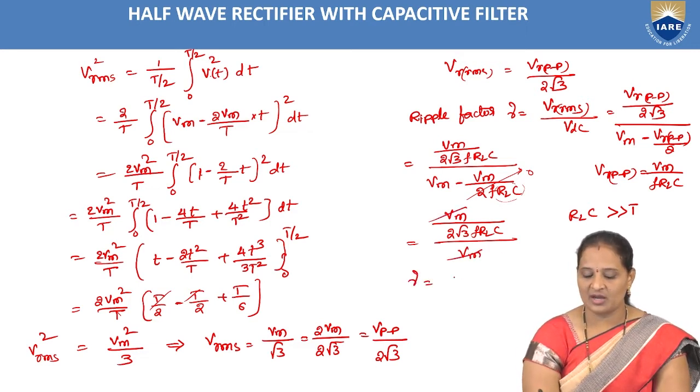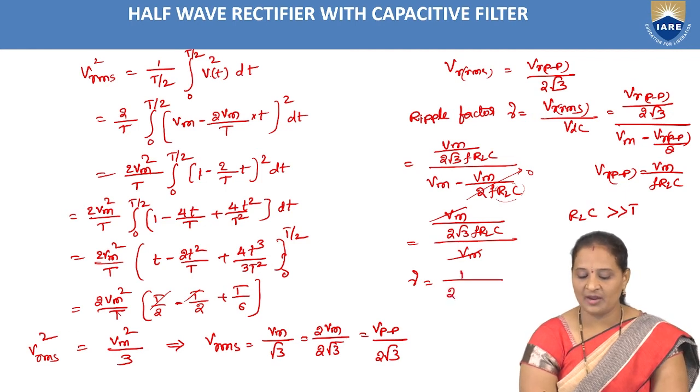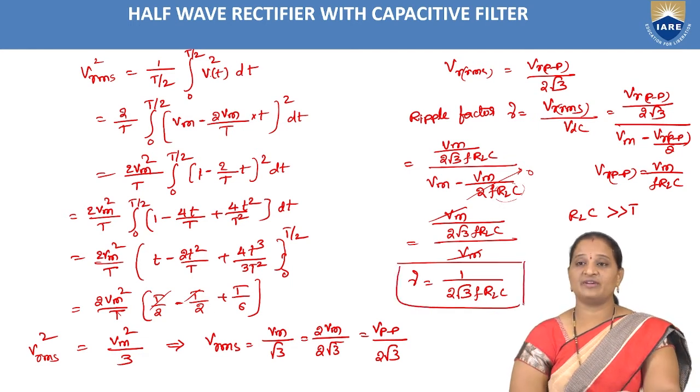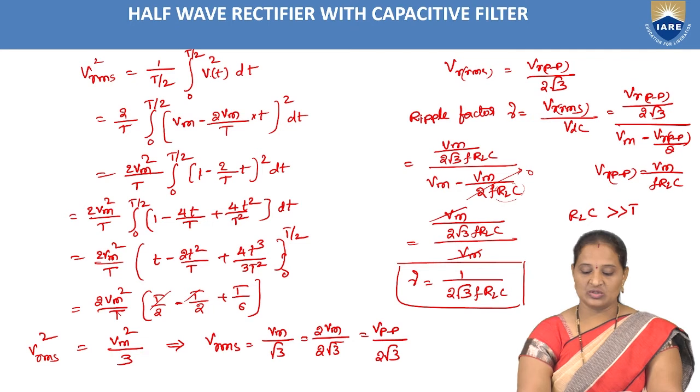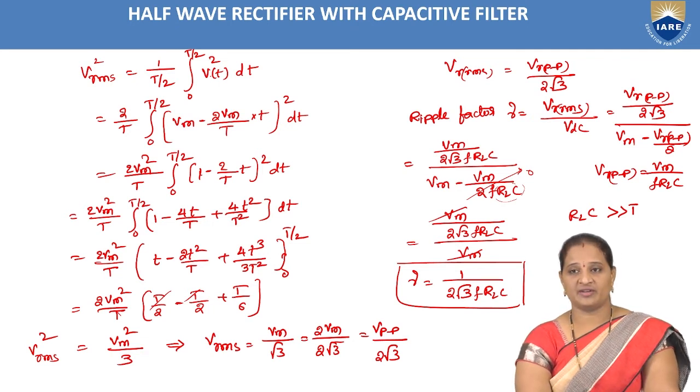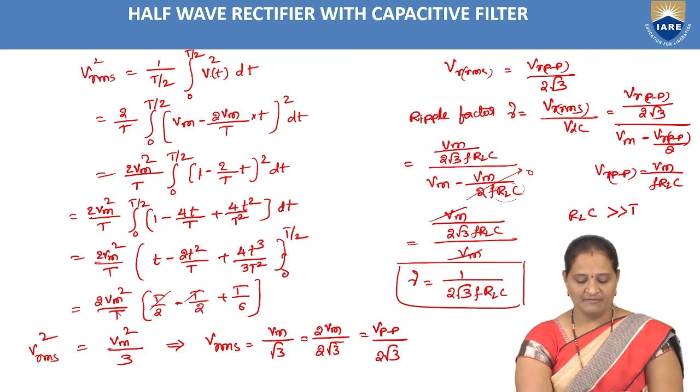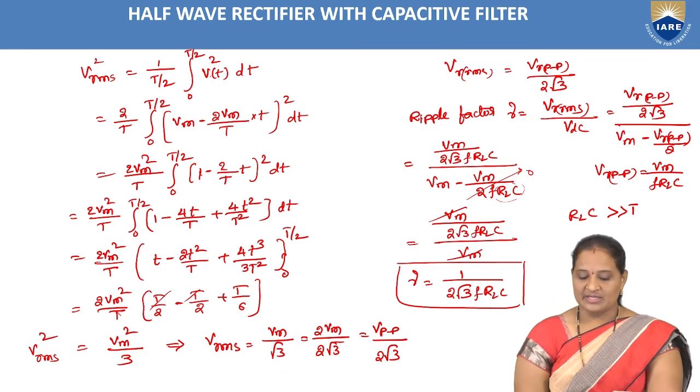So the ripple factor of the half-wave rectifier with capacitive filter is given by 1 by 2 root 3 F into RL into C. I hope it is clear.